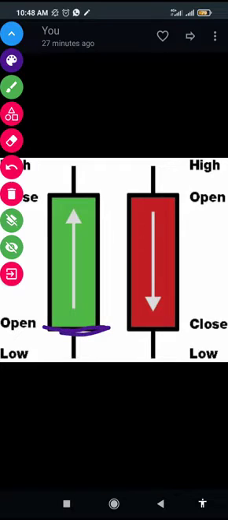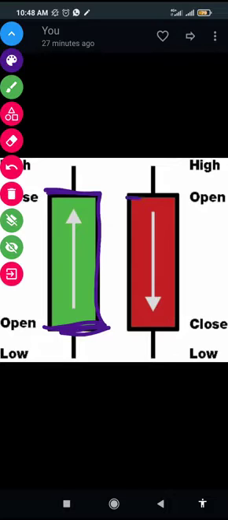It opens here, and buyers will buy up to this part, and it will close here. That will happen within 5 minutes. The same thing happens to sellers, or the bearish candlestick.